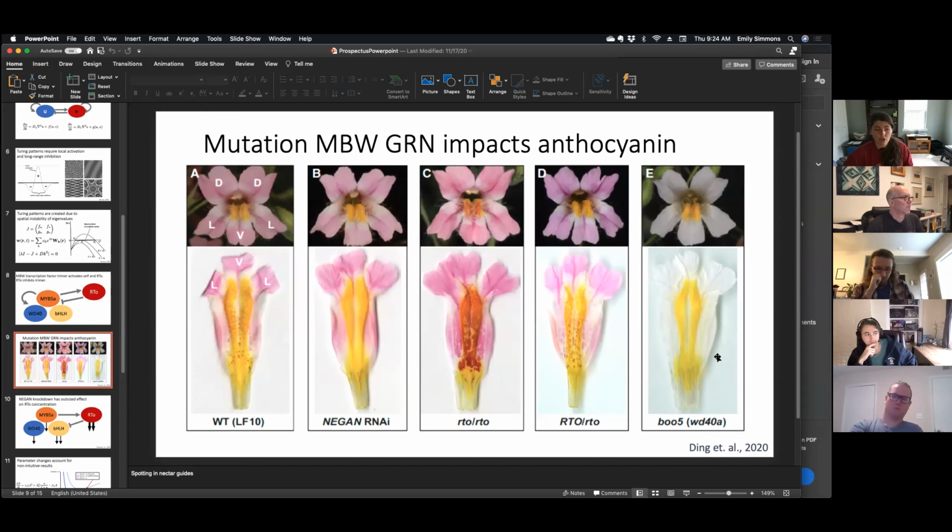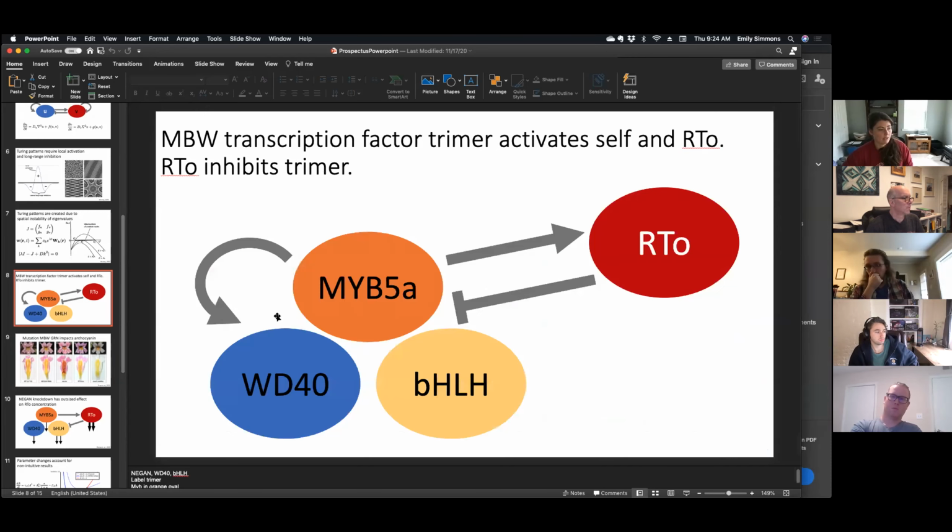So you get no anthocyanin anywhere in the flower. So that's going back to this trimer interaction. If we just knock out the Negan, which is the MYB in the nectar guides, then we still get anthocyanin in other parts of the flower. But if we knock out this WD-40, we can't get anthocyanin anywhere.